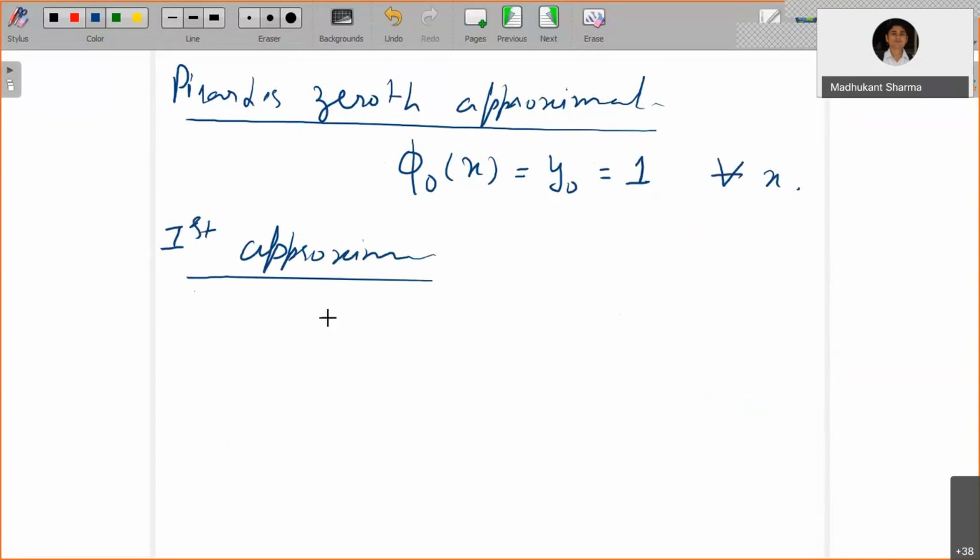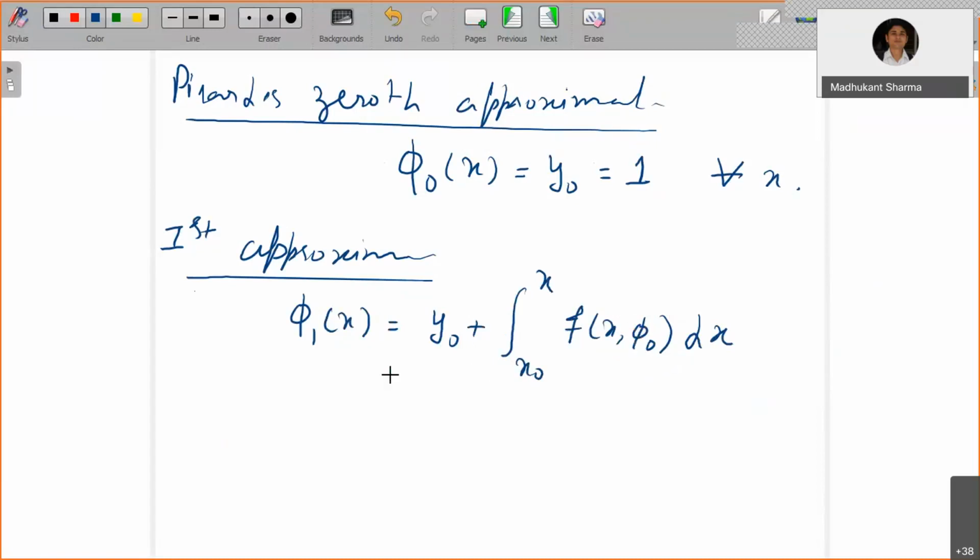So the first approximation is v1 of x equals y naught plus the integration from x naught to x of f of x comma v naught dx. I am using abuse of notation here, like y. y is treated as a function of x, so v naught is a function of x. So this is y naught, which is 1, plus integration from x naught, which is 0, to x, of f of x comma v naught.